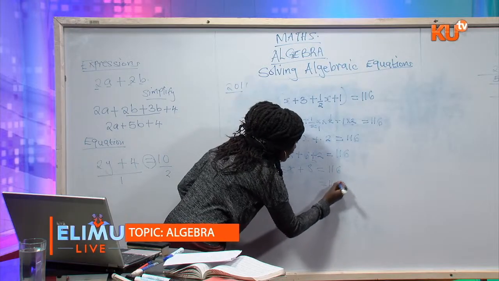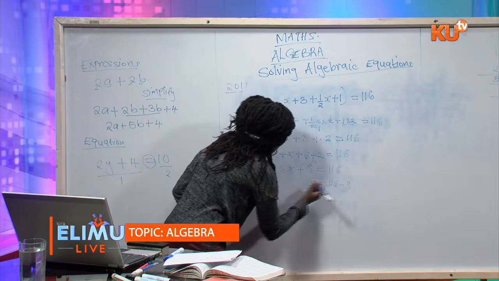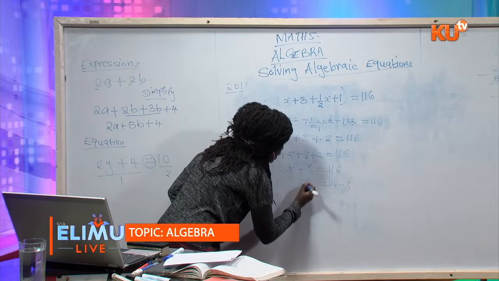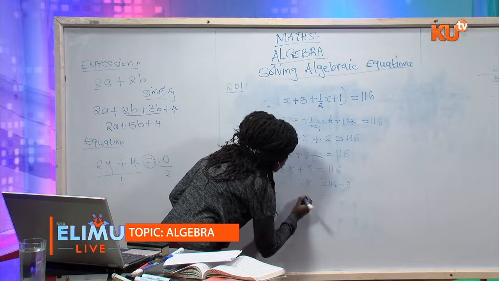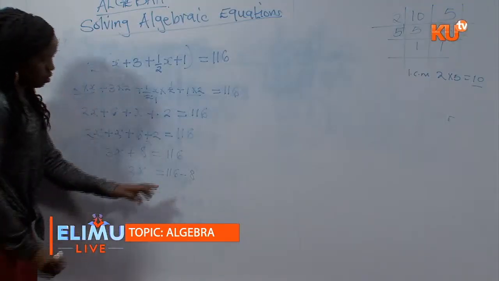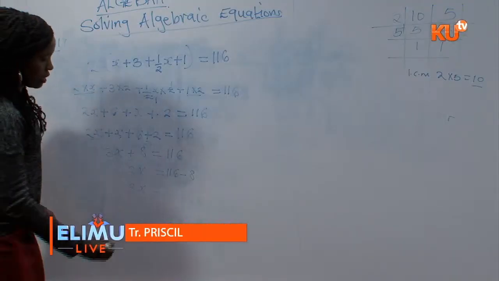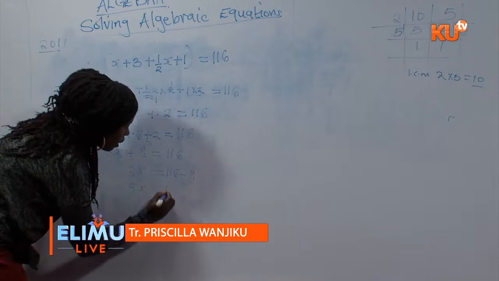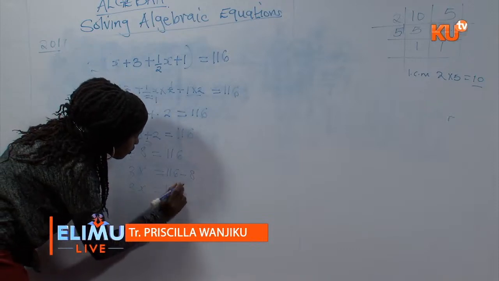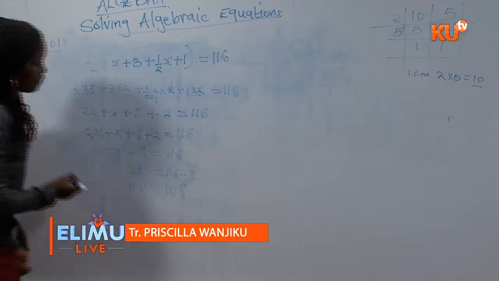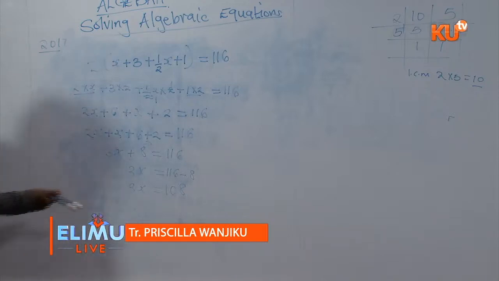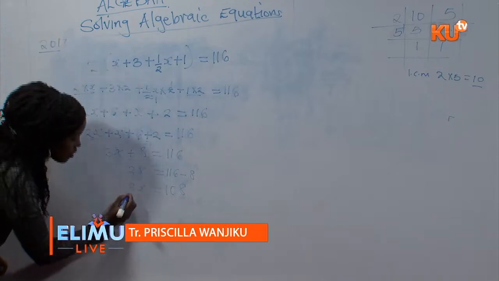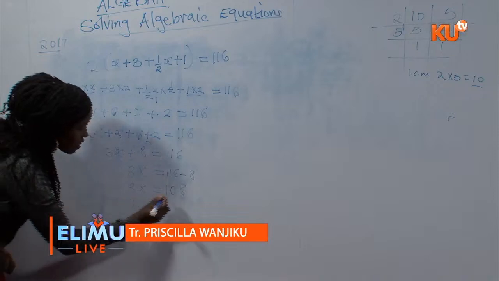I'm going to have 116 minus 8, and this side I remain with 3x. So 3x is equal to 116 minus 8, I get 108. And after I get the 108, now we get the value of x by dividing both sides by 3.